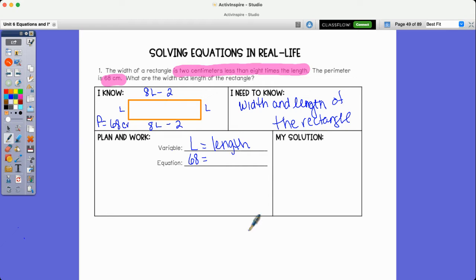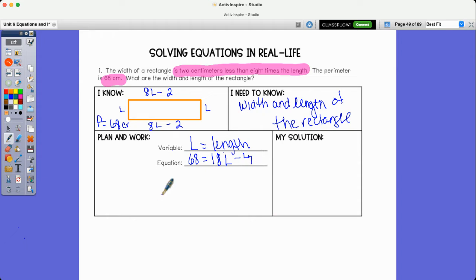So I have 18L. And then I have minus 4, negative 2 twice is negative 4. I don't know what is happening to my pen, it's being a little wonky.